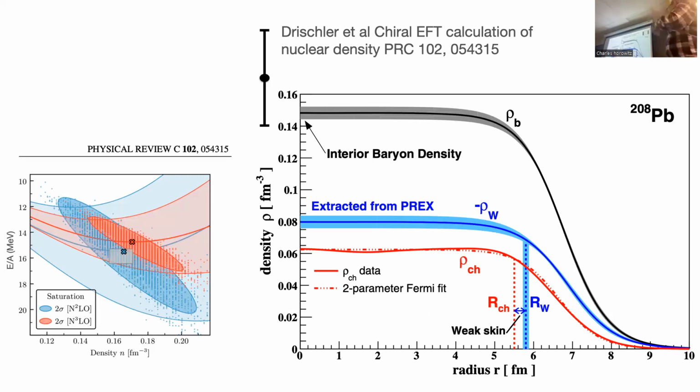So surface tension and Coulomb tend to cancel. And so we expect the interior baryon density in a heavy nucleus to actually be pretty close to the saturation density of nuclear matter. So now we have this direct measurement of the baryon density. So this is a direct measurement, if you like, of nuclear density.